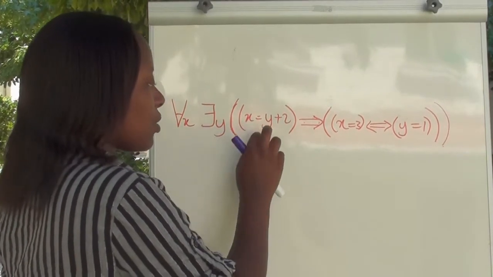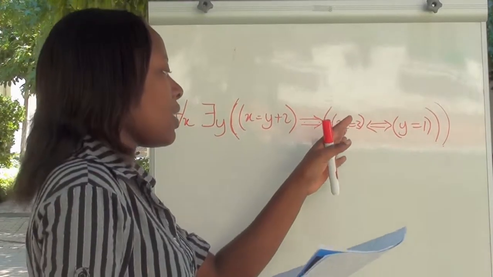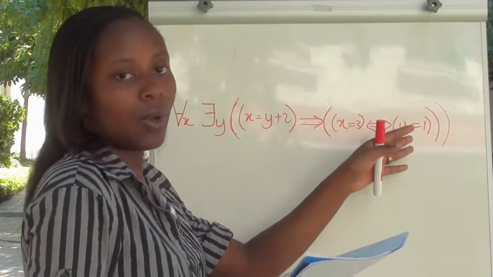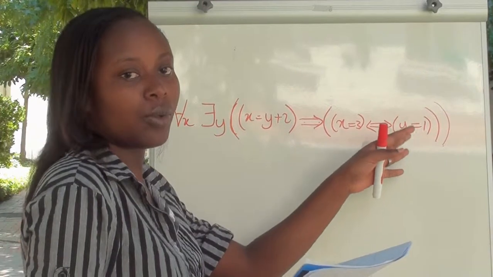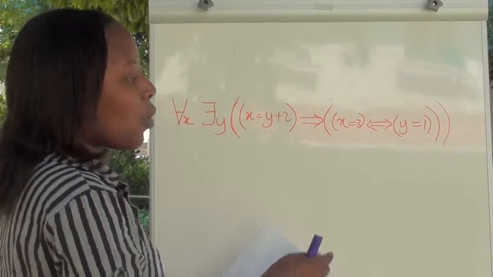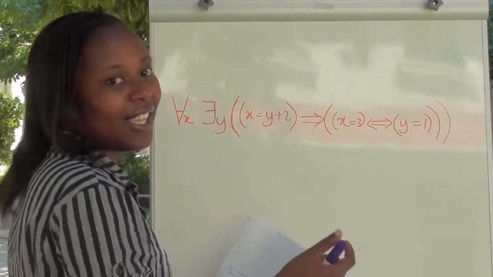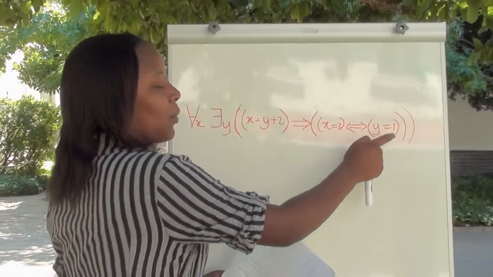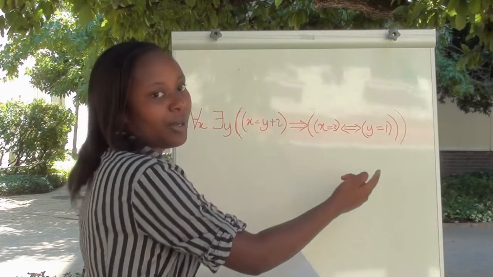If x is equal to y plus 2, then if x is equal to 3, then y should equal 1. Or if y is equal to 1, then x should equal 3. Or in other words, y will equal 1 if and only if x equals 3.